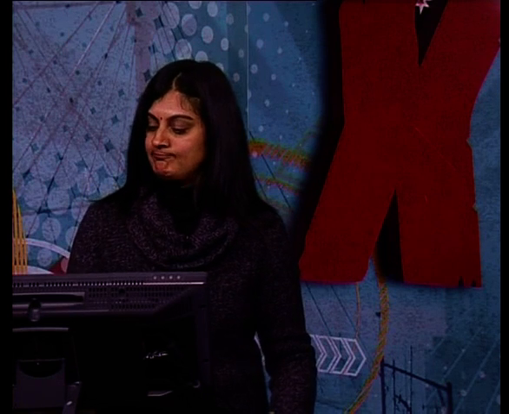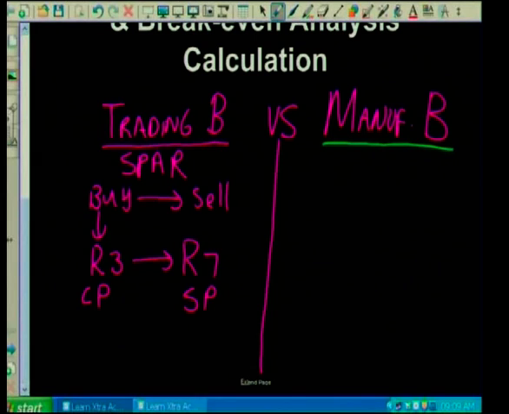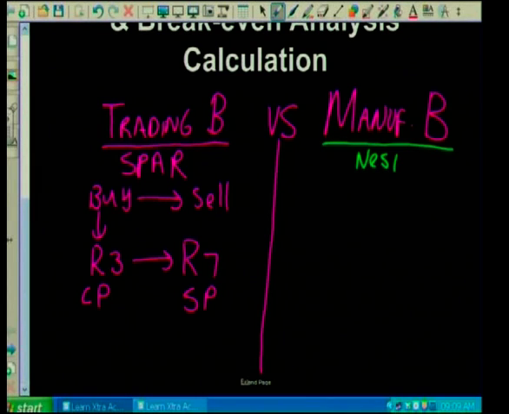Let's look at how different the manufacturing business is from your trading business. Okay, so a manufacturing business, we now are responsible for making the product. So let's assume we are Nestle, or we are the accountants for Nestle. So no longer Spar, but Nestle.